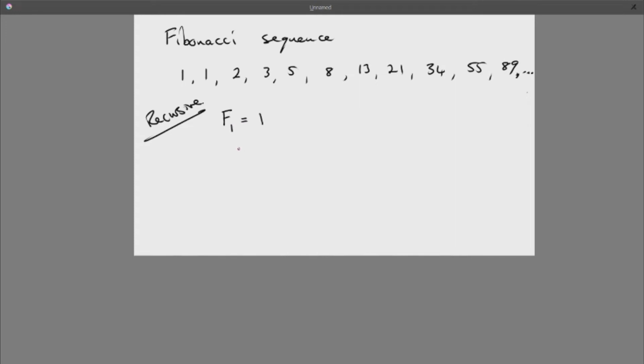Because I'm going to add up the previous 2, I need to know the first 2 terms before I can start the loop. And if I want to find the term in position n, I add up the one before to the one before that, the previous 2.